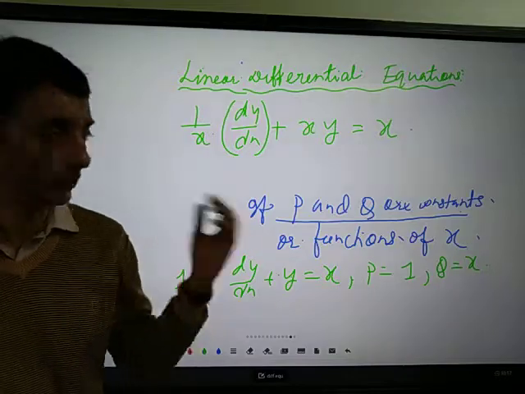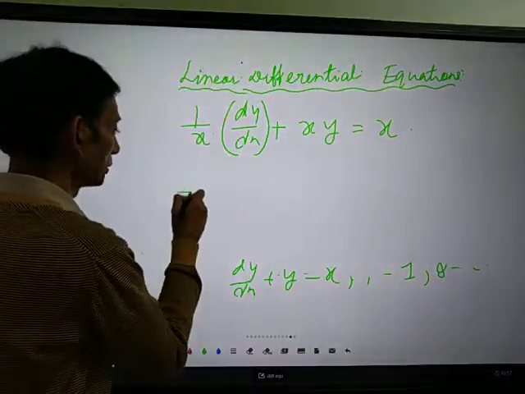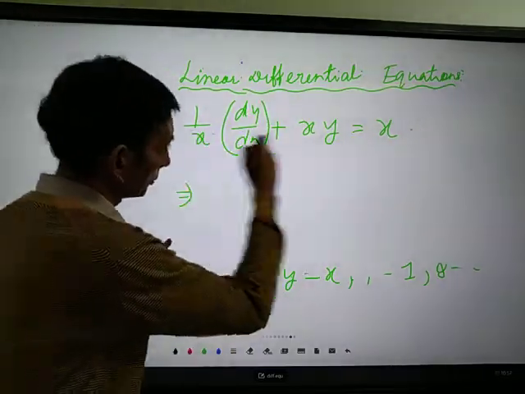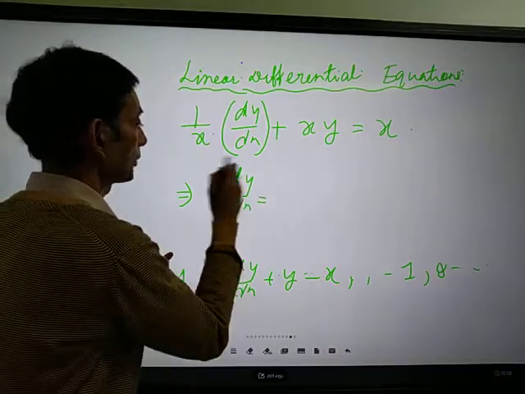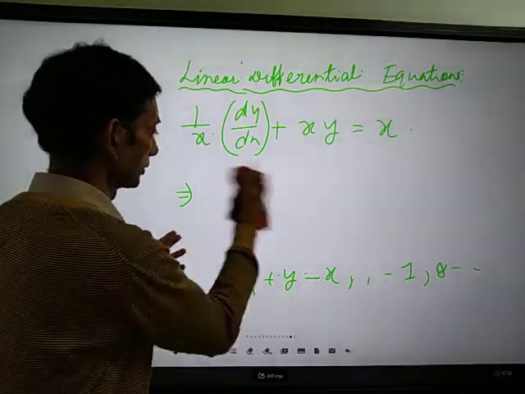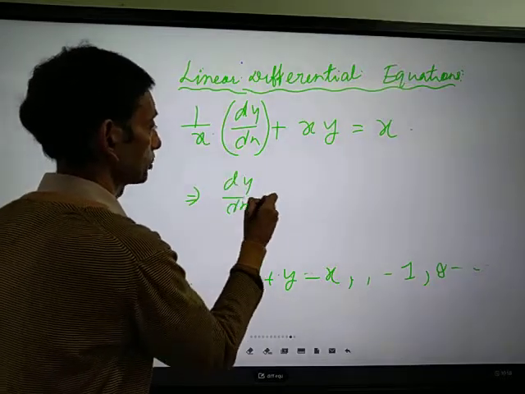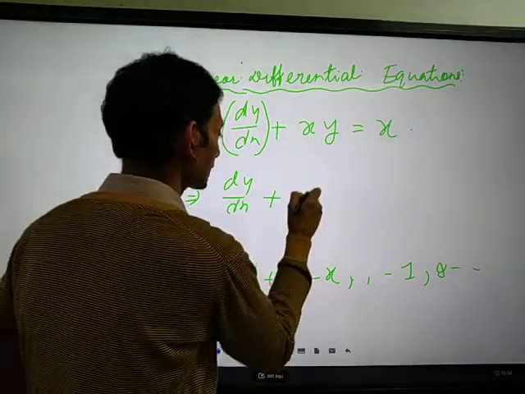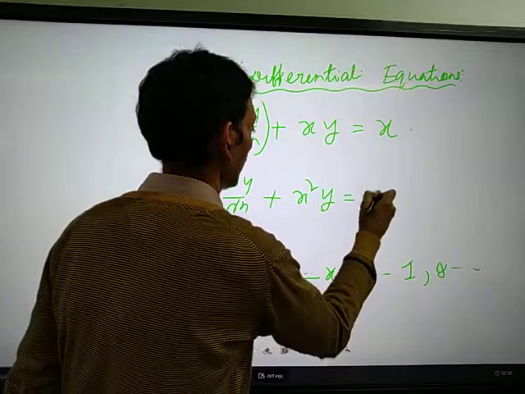So you can simplify and bring it to standard form. We make dy by dx free, so throughout you multiply by x. So dy by dx plus, multiplying by x, we get x squared y equal to x squared.